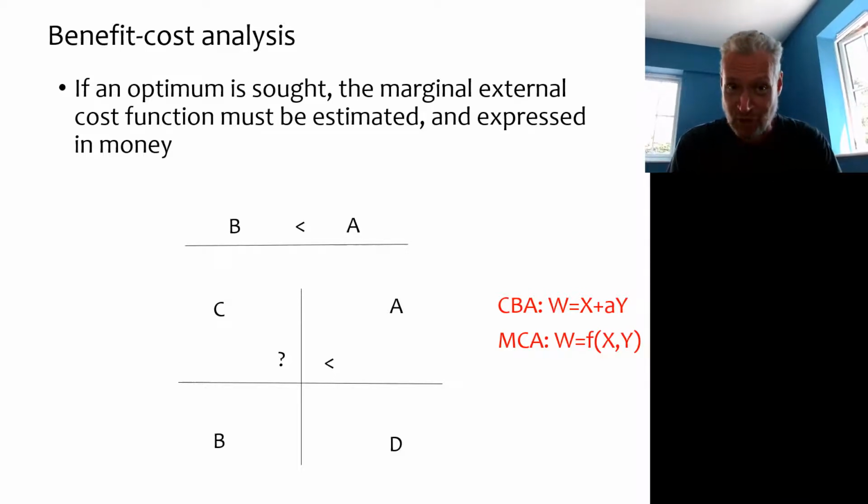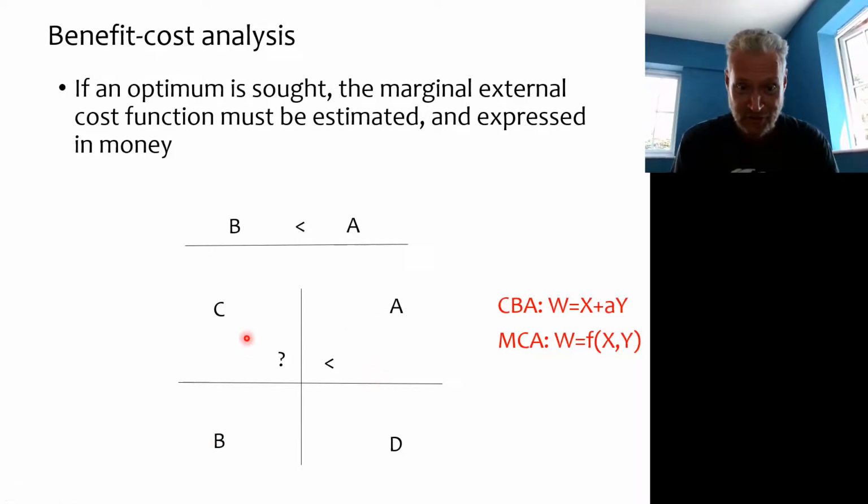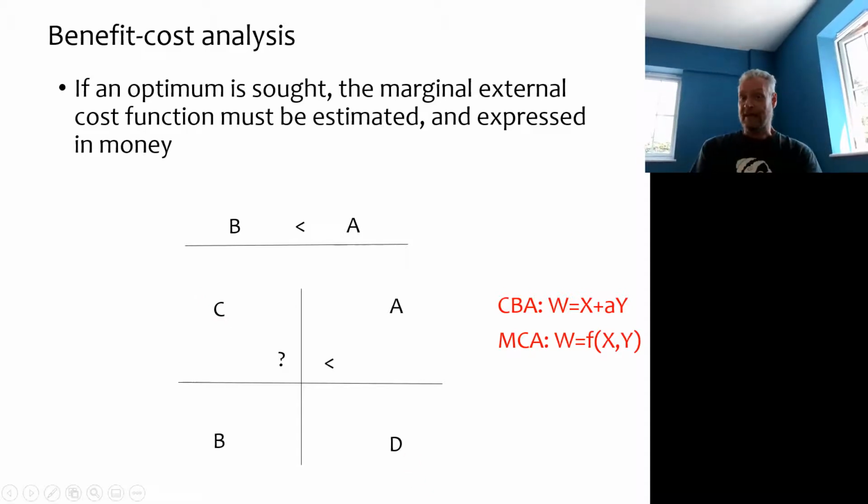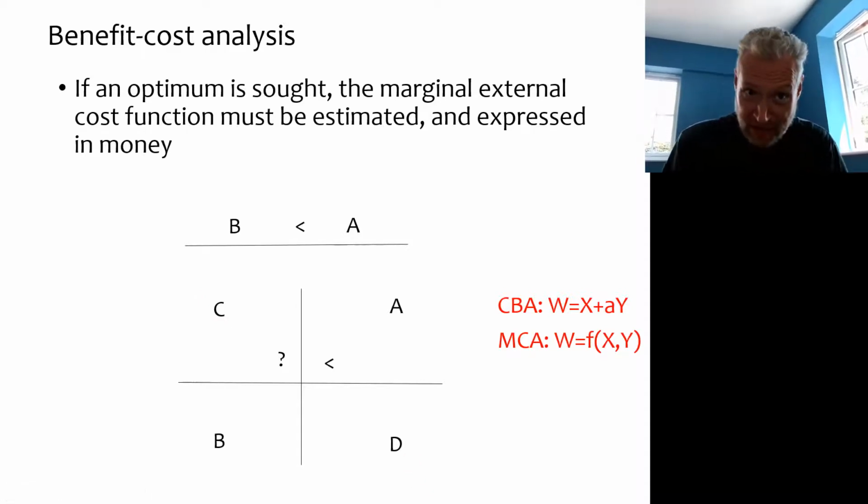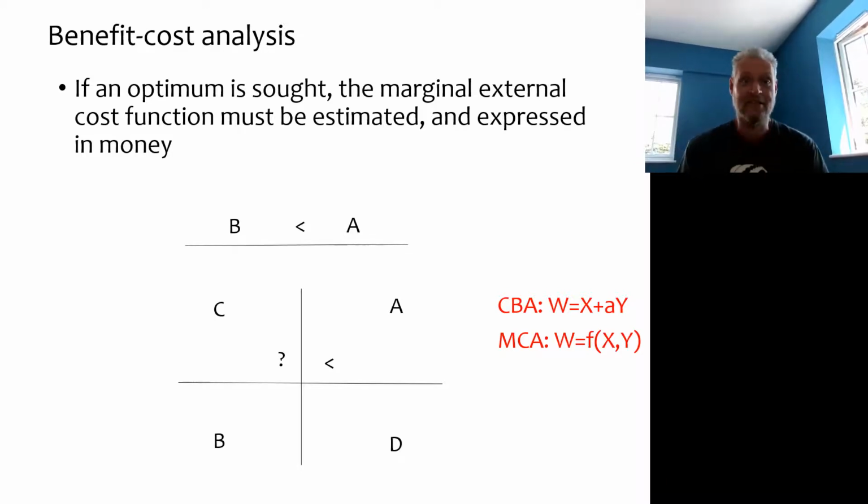But if you assume for the moment that neither A nor B is feasible, and you have to choose between C and D, then what you can do in a cost-benefit analysis is come up with a linear combination of the dimensions, or you could use a multi-criteria analysis, and then you have some other combination of the dimensions that you care about.